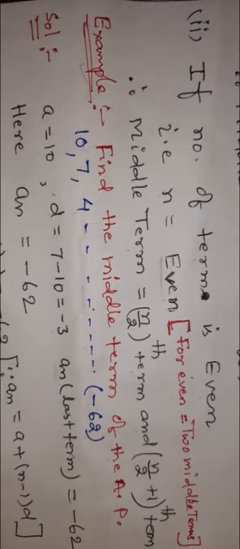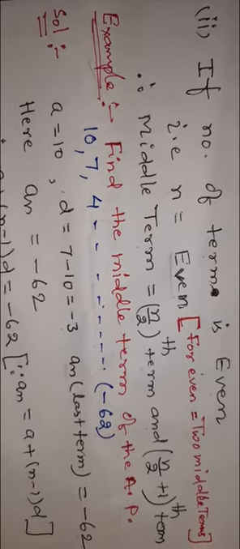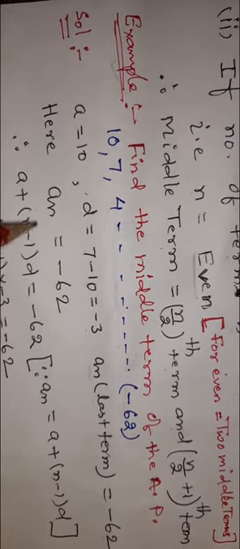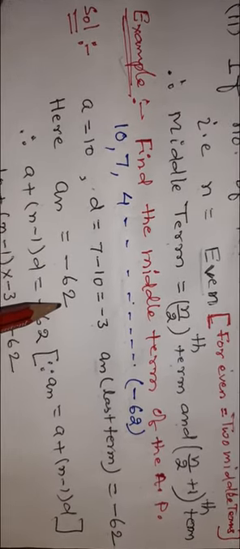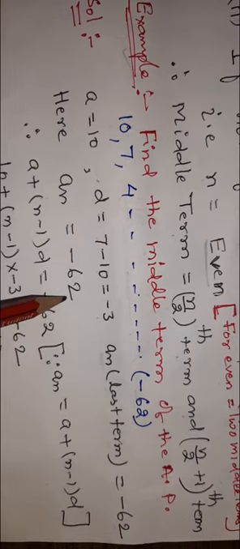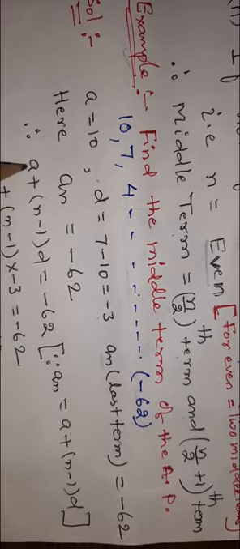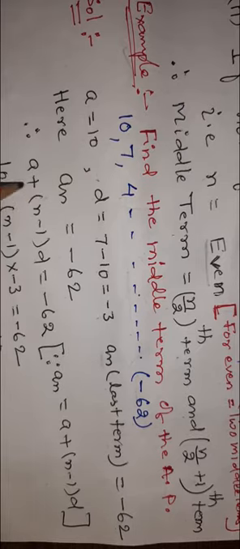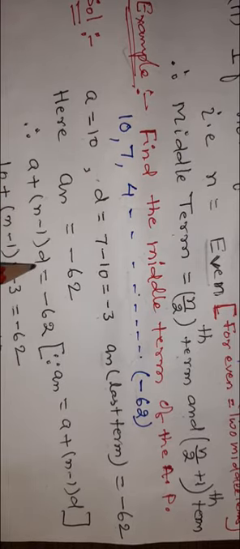So first of all you have to find n. Here an is equal to minus 62. Okay, so use here the formula an is equal to a plus (n minus 1) into d, because we know that the formula of an is a plus (n minus 1) into d is equal to minus 62.